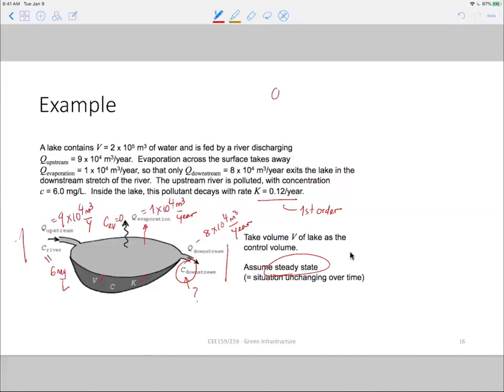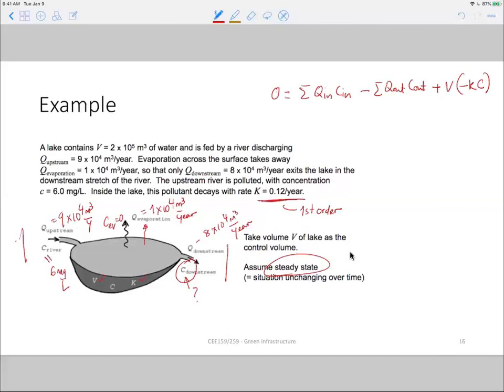Again, steady state, the very left side term is 0. Q in C in, minus Q out C out, would be the reaction term. So this is here, volume times Kc. That's because of first order reaction, as you see over here.